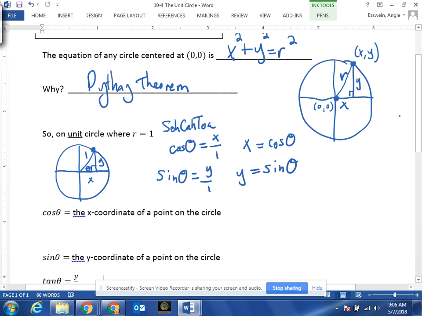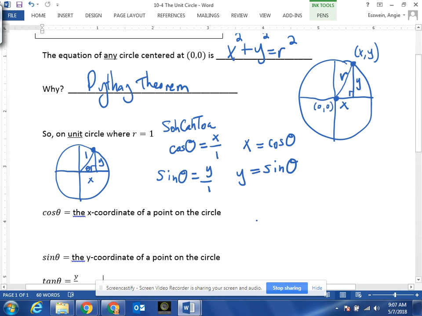And so we've gone around with our special angles, 30 degrees, 45, 60, and we've evaluated what the cosine and sine are, and we filled in our unit circle. Assuming the radius is 1, we can actually find these side lengths if we know theta is 30 degrees or 45 or 60 based on the special right triangles.